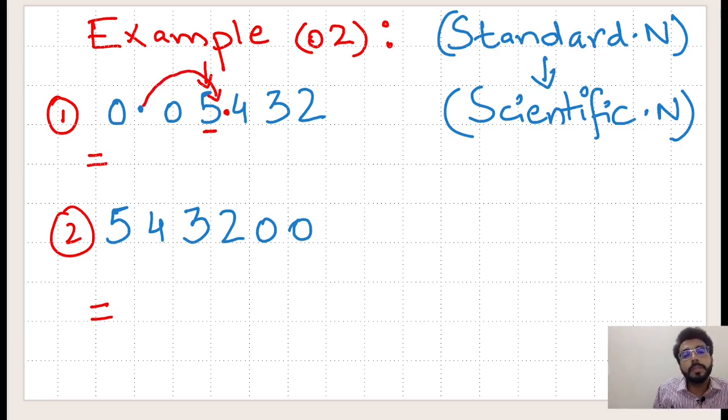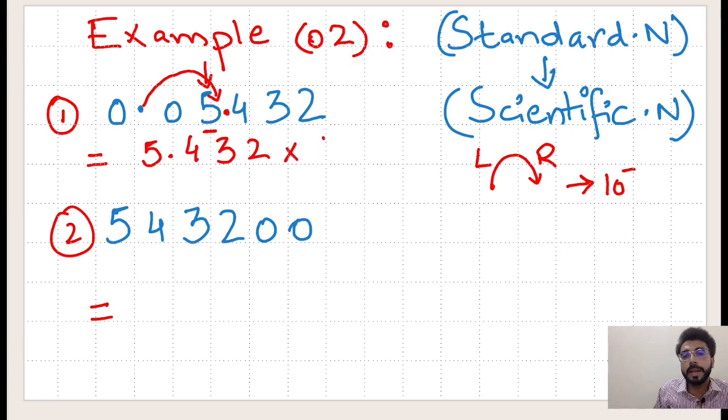As the decimal point is moving from left toward right, the power of the exponent will become negative. So how many digits? It moved 2 digits. So the answer will be 5.432 into 10 to the power negative 2.